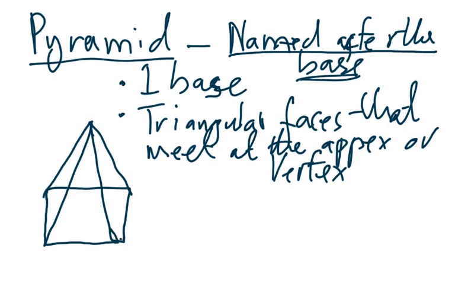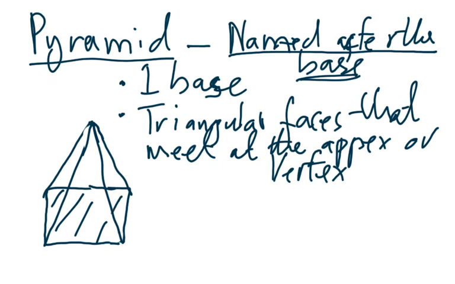So the name of this, which you can see, again, sorry about my drawing really, which leaves much to be desired. There. The base, as we can see, is a rectangle.